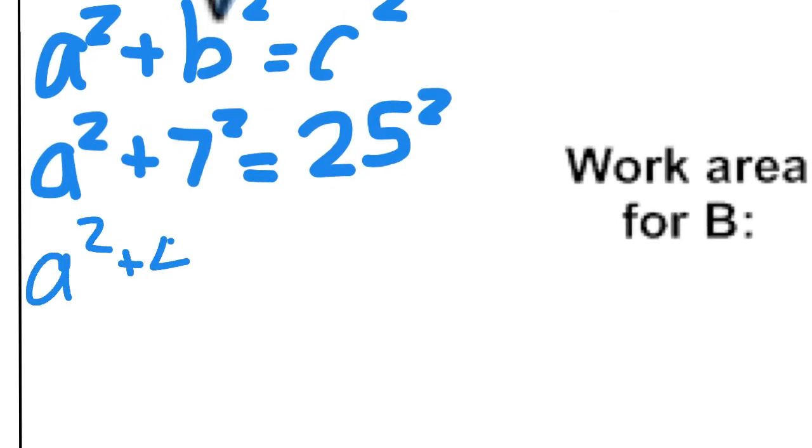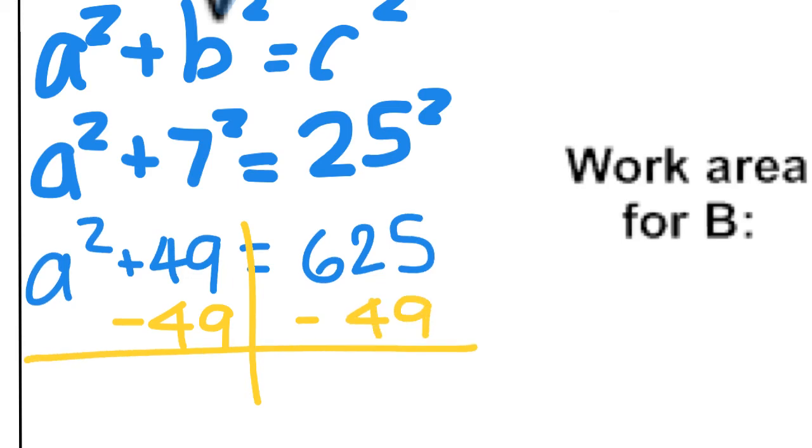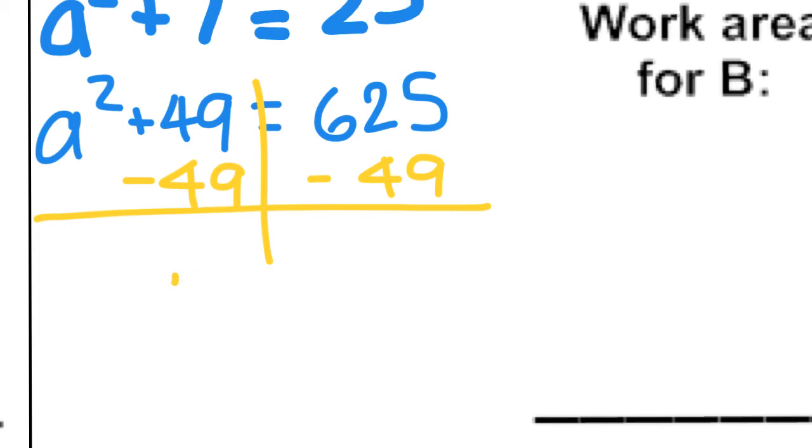Now, if you recognize that this was a triple, then you may certainly write down that triple and use that. If you did not recognize it, then we're going to substitute our numbers. Then we're going to isolate our a. A squared equals 576.